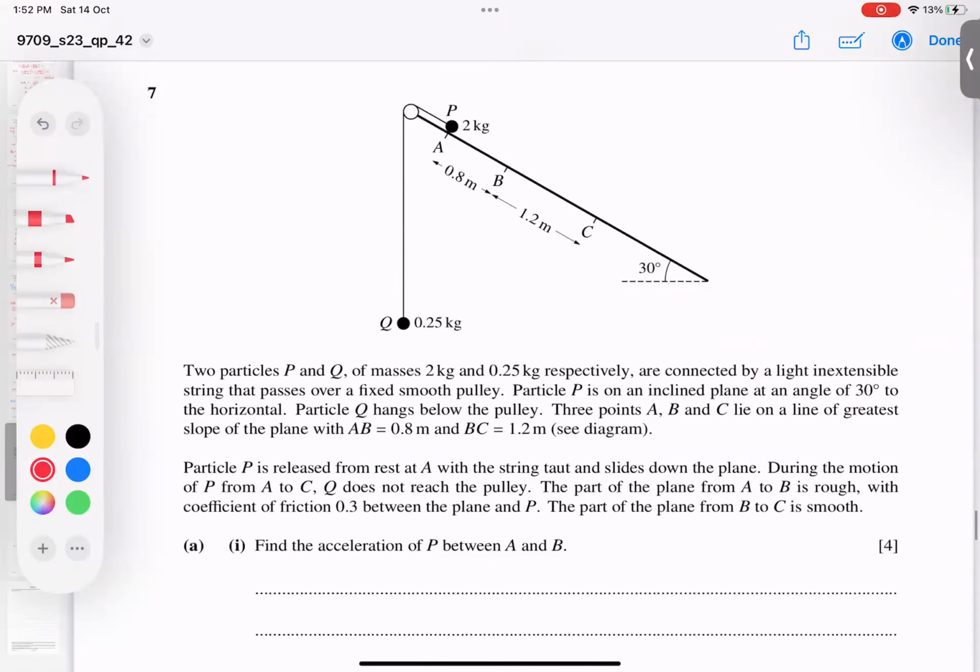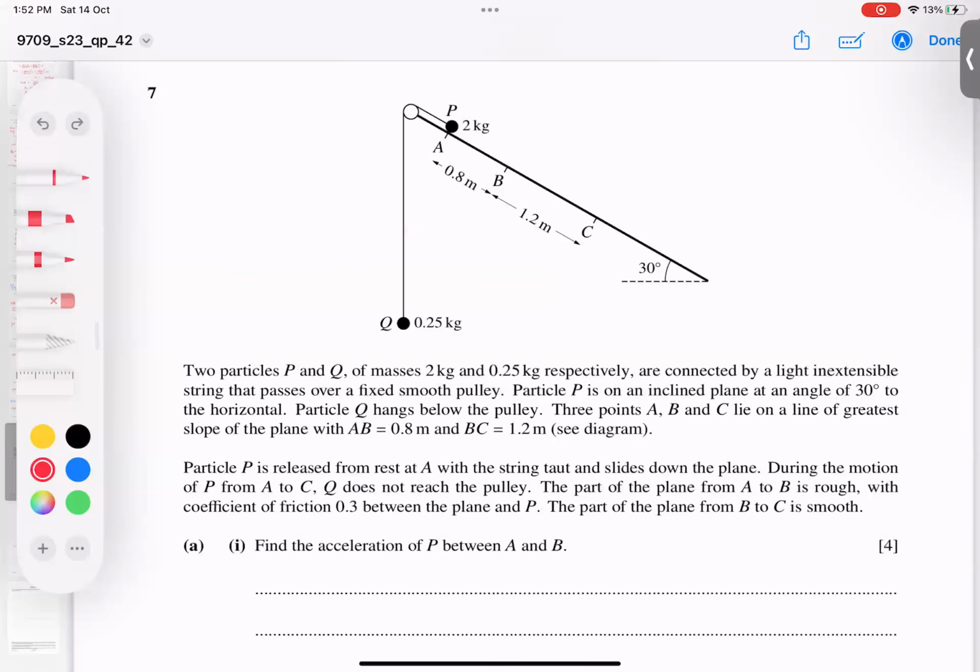And what is question number 7, students? Okay, he mentioned the question. There are two particles P and Q, with masses 2 kilograms and 0.25 kilograms. He mentions very clearly the angle theta given and the distance given. Read carefully, please.